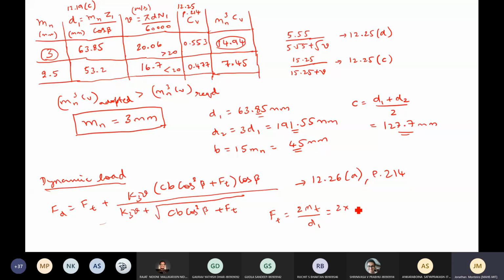So 2 into 1.05 10 raised to 5 by D1, which is 63.85. So you get around 3290.52 newtons. Let's check it out. 3290.52 newtons.